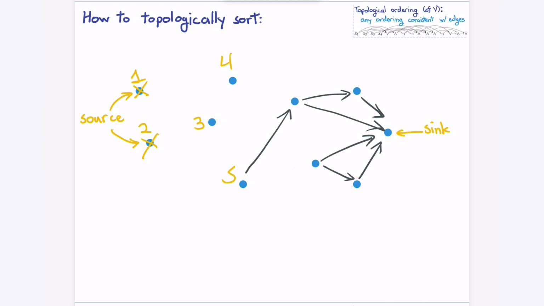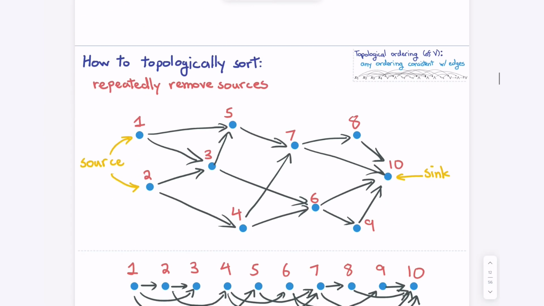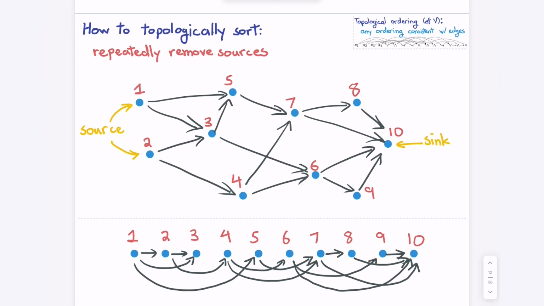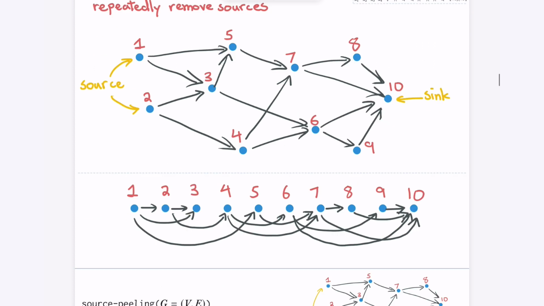And I think this is what you mean by work list, etc. So you can iteratively remove sources from the graph, and you'll keep finding more sources because there are no cycles introduced. So it's still a DAG, and it still has a source. That's one way to topologically sort the graph: to repeatedly remove sources.